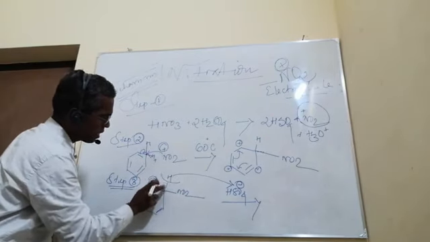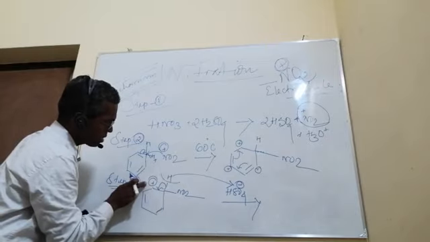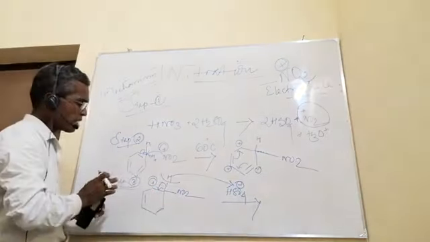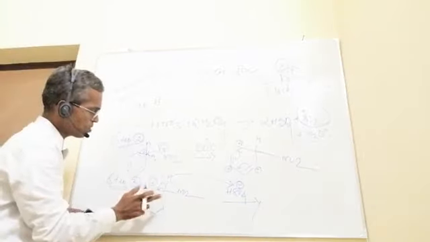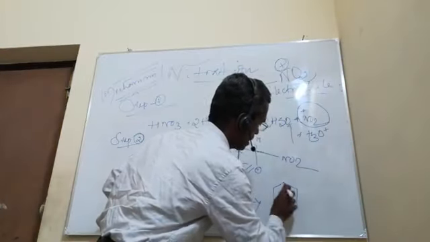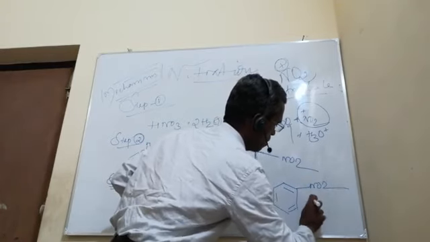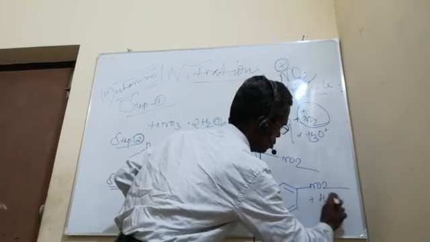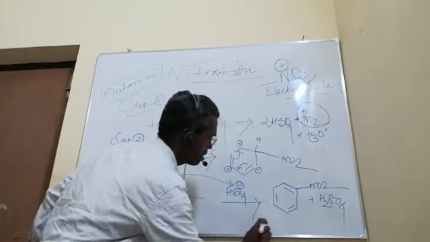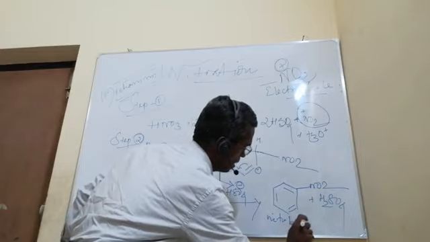The C-H bonded electron is left and moves inside, cancelling the positive charge. As a result, you will get the final product like this, with NO2 and H2SO4 regenerated. This is your nitrobenzene.